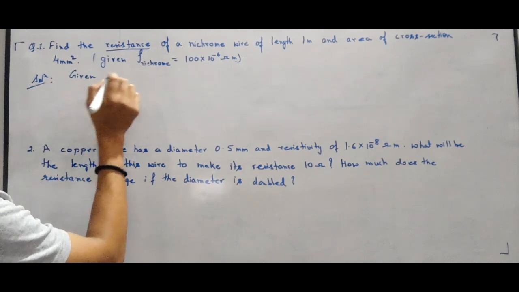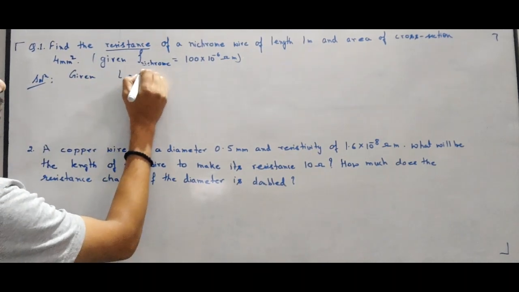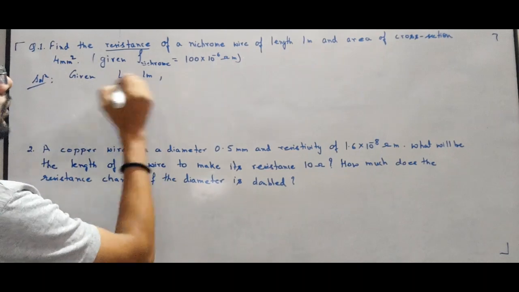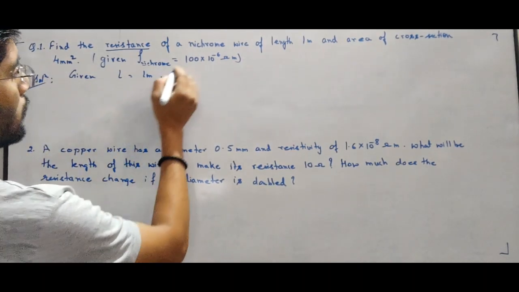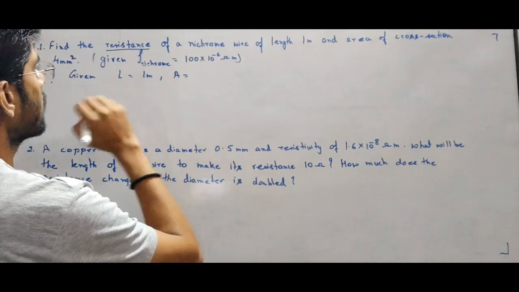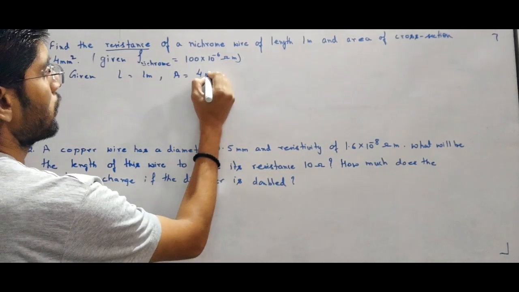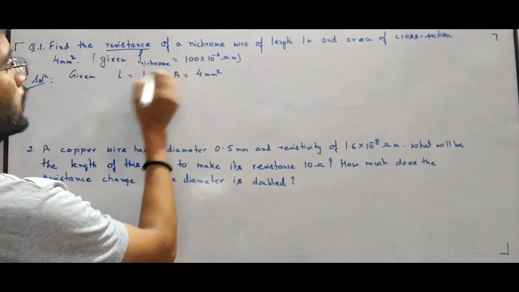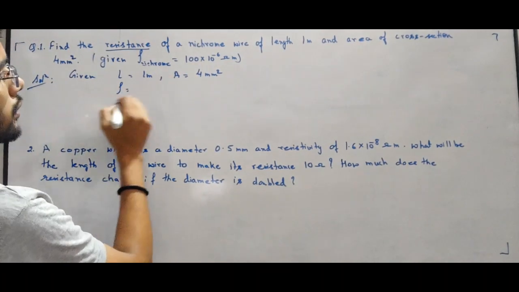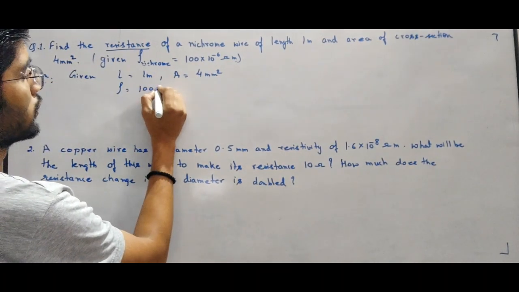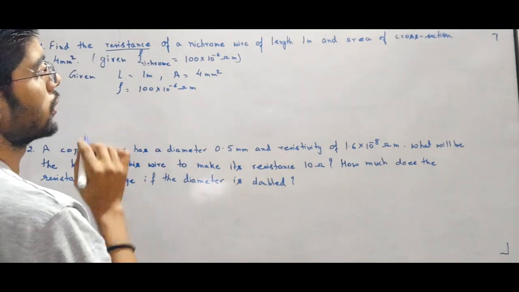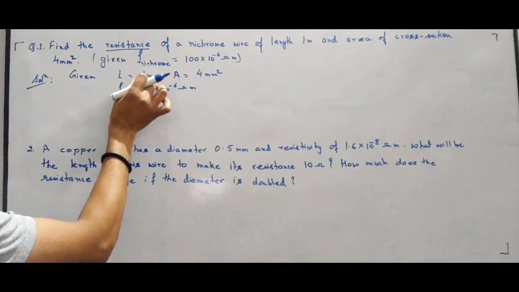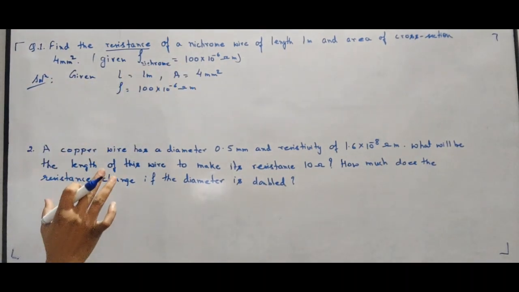Given the length of the wire, length is what? 1 meter. Then the area of cross section, that is A is given 4 mm square, and the resistivity is given 100 into 10 to the power minus 6 ohm meter. Now we will see the physical quantities written.